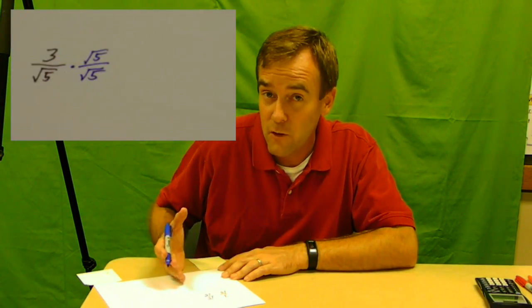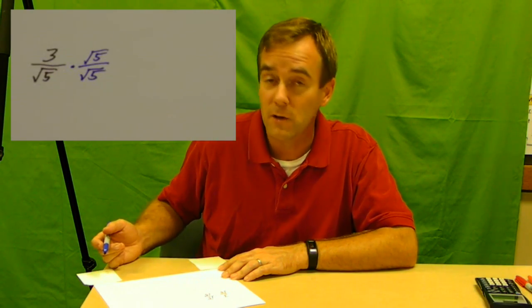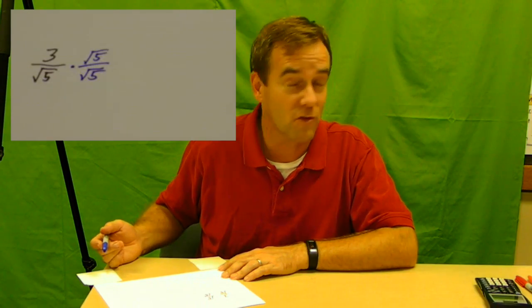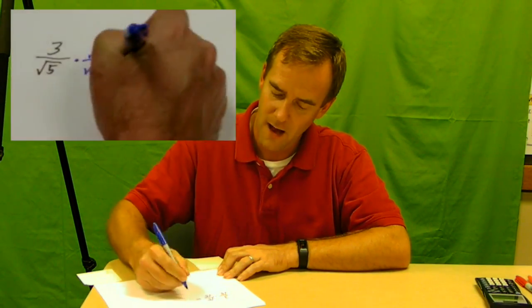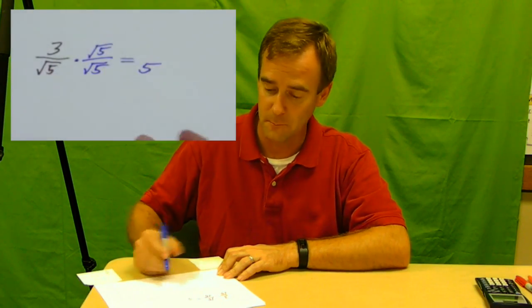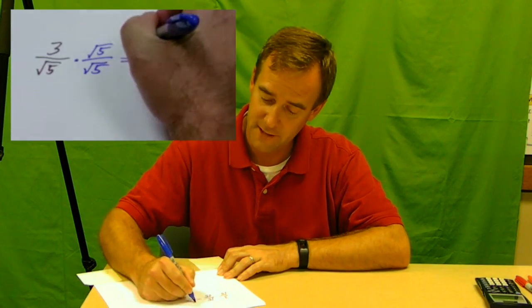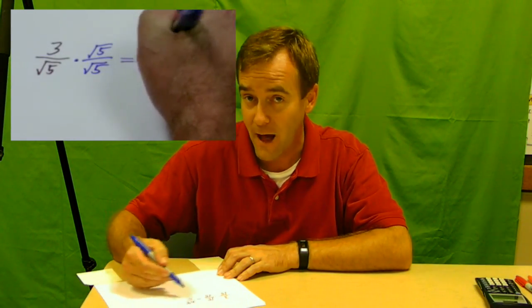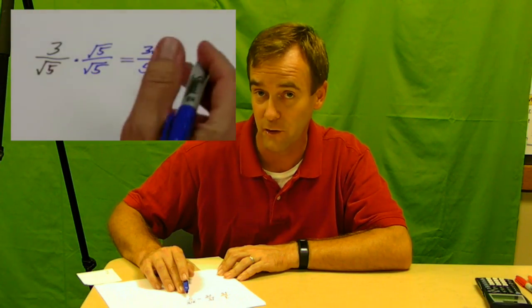You're not changing the original number because anything over itself is just 1. You're only multiplying this fraction by 1, which doesn't change it, but it will simplify it. The radical on bottom times the radical on bottom kills the radical on the bottom. And after multiplying out the top, you'll be left with an equivalent value, but simpler, at least as far as mathematicians are concerned. So you want to see it a couple more times?